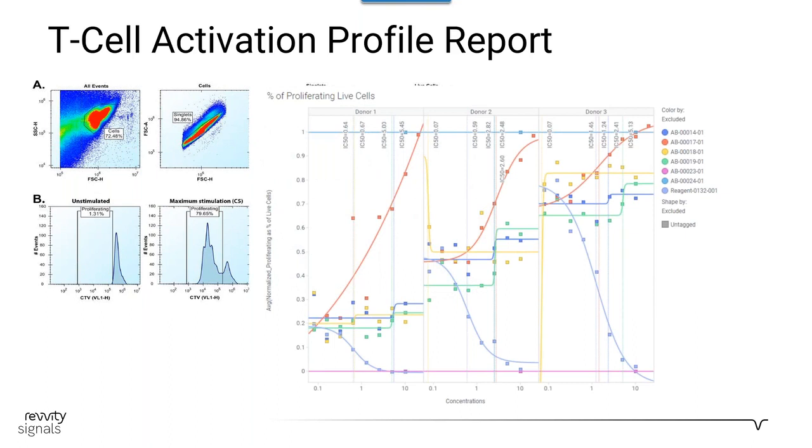Signals, and this is a dose curve looking at different drug candidate profiles on T cell proliferation, which is a proxy for activation or inhibition of the said T cells. And for example, if we're looking at cancer, we might be interested in some sort of activation here, right? Because we want to create T cells that are going to kill the cancer.